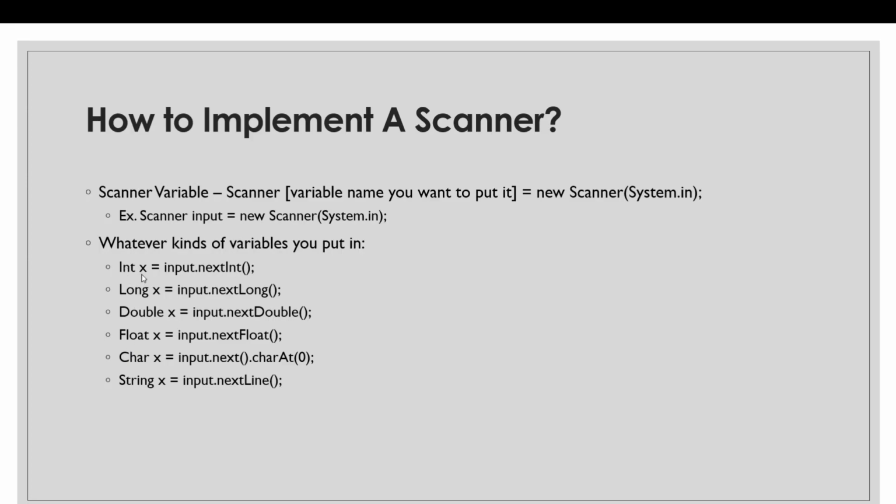Then, whatever variable you want to input depends on the data type. If you're doing int x, for example, set it equal to, so I named the scanner input, for example, input.nextInt(). You do the same thing for long, except instead of nextInt, you put nextLong. For double, nextDouble, and so on, except for char and string.